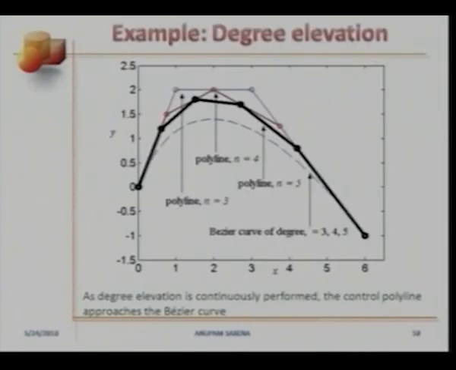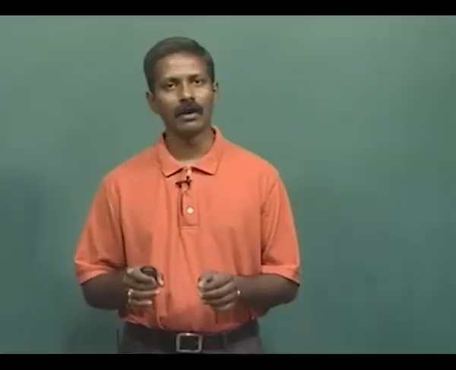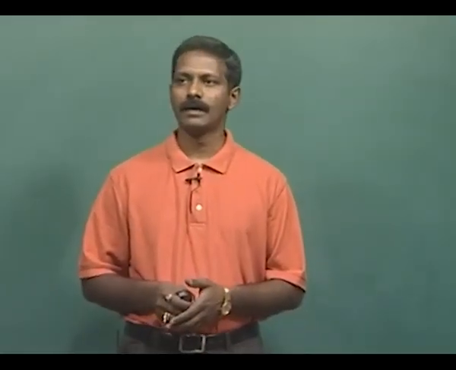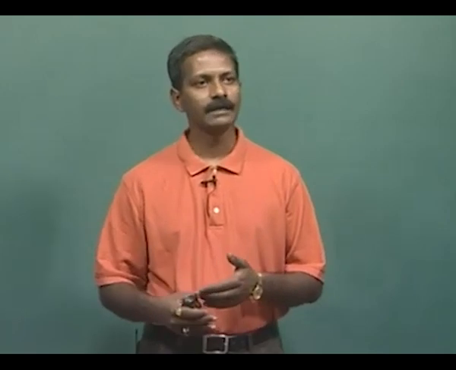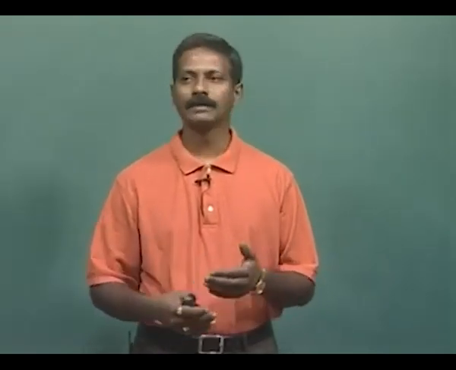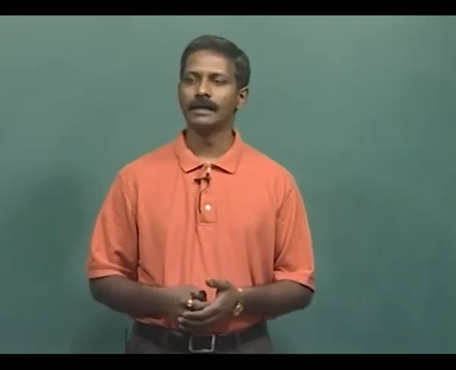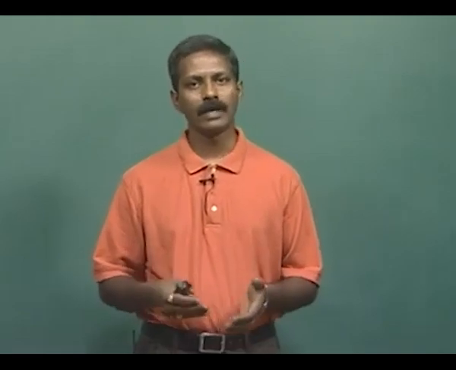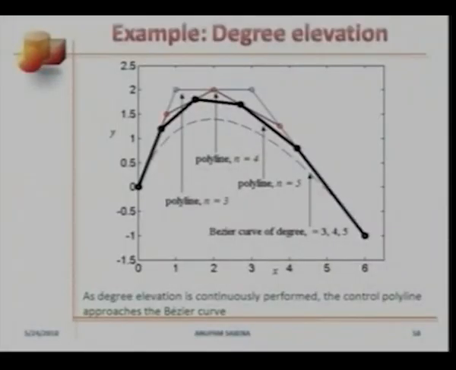We studied degree elevation, wherein without changing the shape of the Bezier segment, we could keep on increasing the number of design points. We could keep on modifying our control polyline such that we got additional freedom in design.